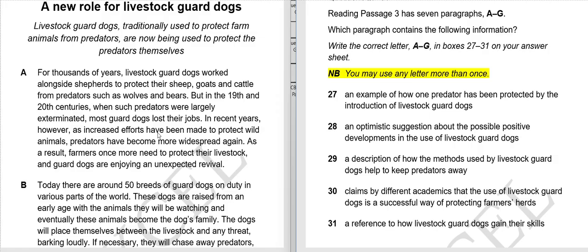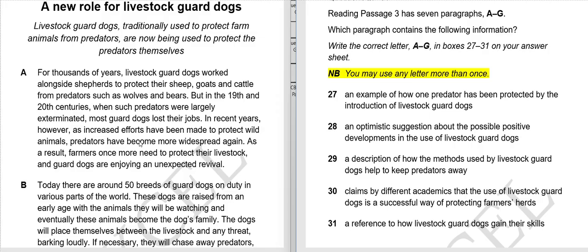So what happened was, in the 19th and 20th centuries, people killed a lot of these predators like wolves, bears and foxes that usually feed on cattle, sheep and so on. So the job of the guard dog was no more; guard dogs were not needed anymore, so they lost their jobs.